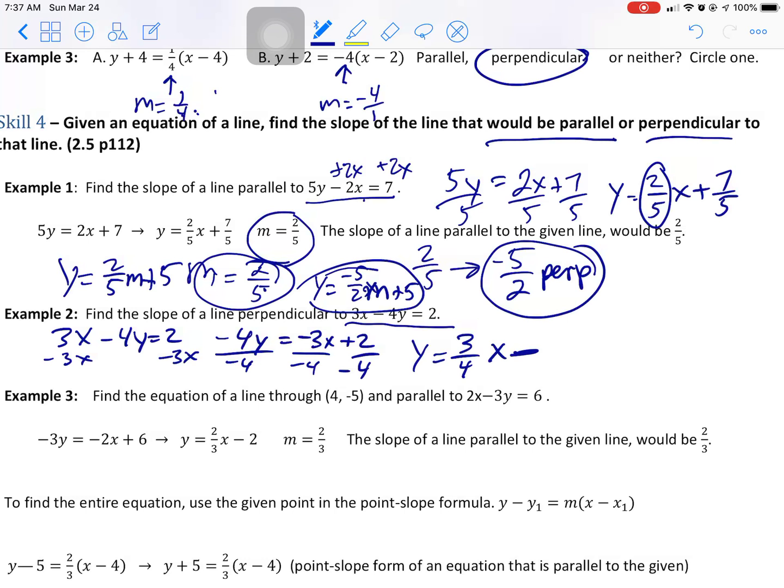And then a positive 2 over negative 4 is a negative 1/2. Well, all I care about is that m equals 3/4. That's what I found out, okay? And then it asked me to have a line, the slope of a line that is perpendicular. So flip and make it a negative. So the answer to this one would be negative 4/3. Okay.